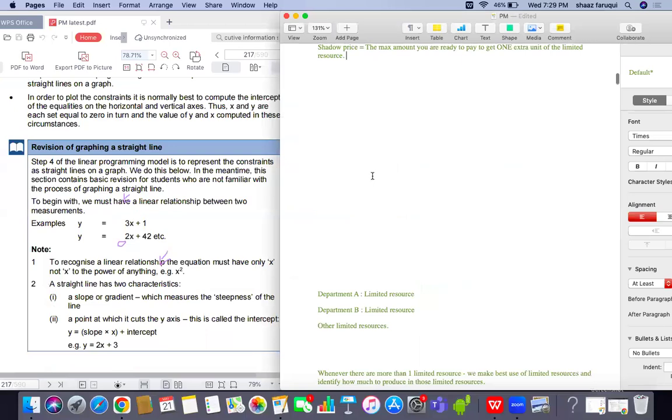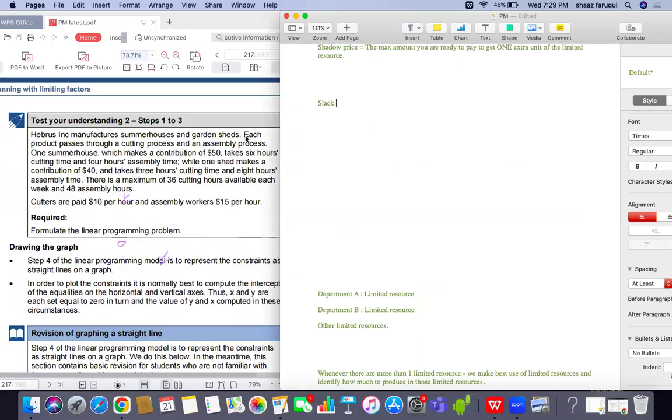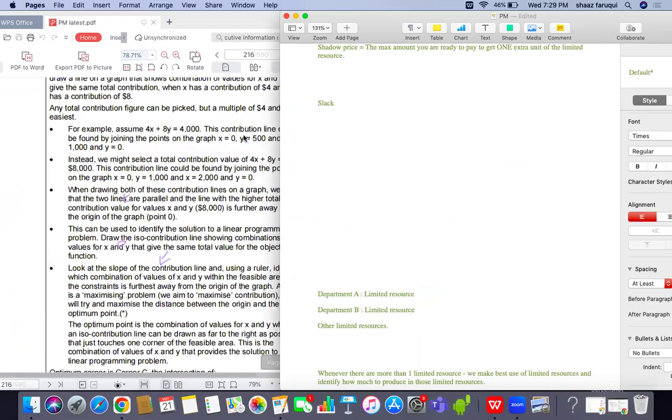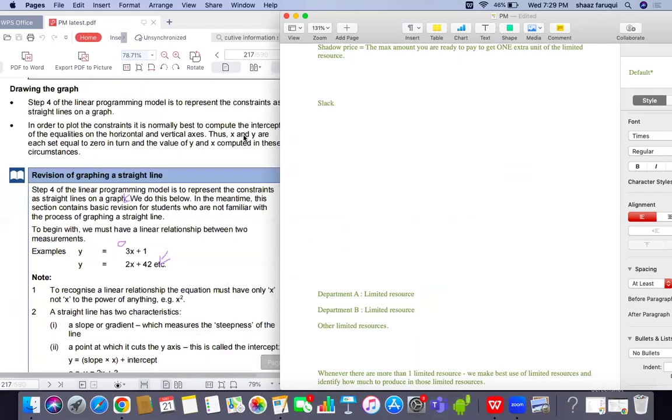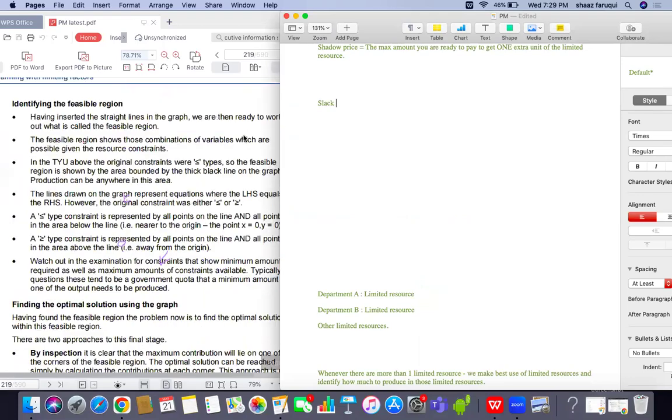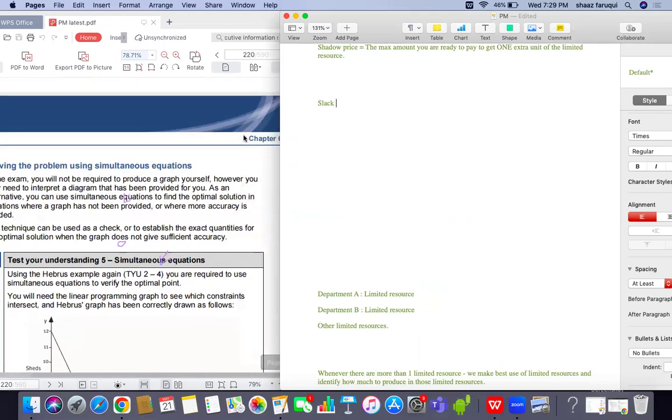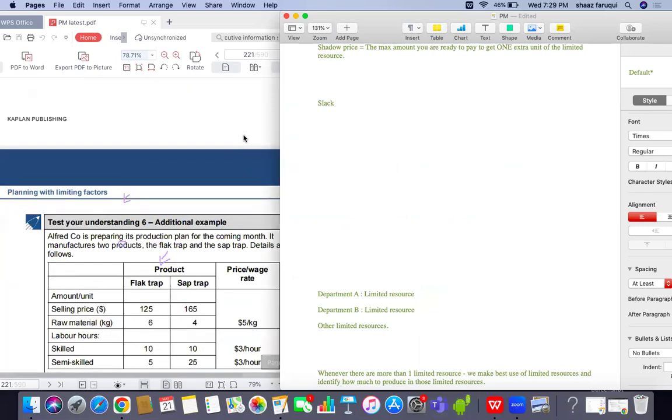First and foremost, what was the Slack? I'm directly copying it from the textbook because it's faster. I've anyway taught you how to do Slack. But for department A, where did it go?